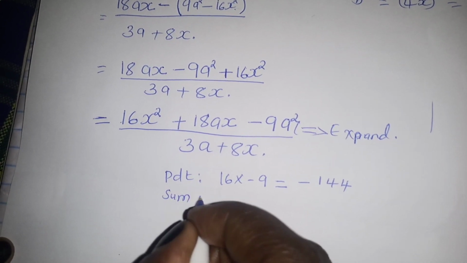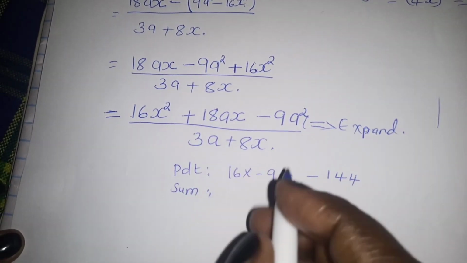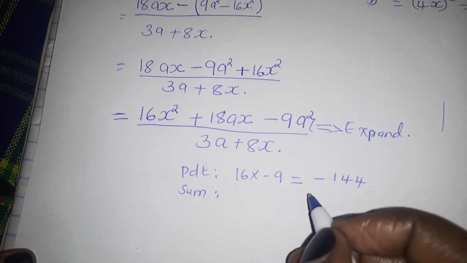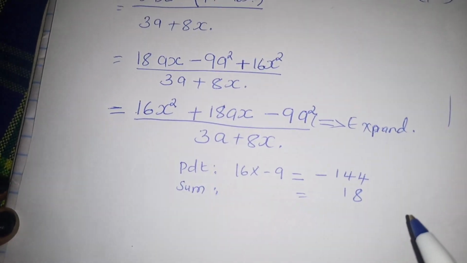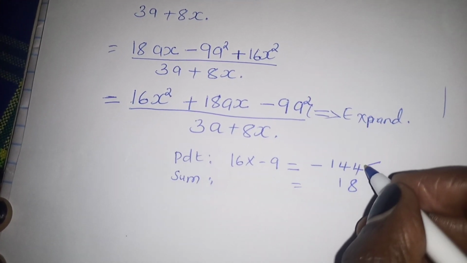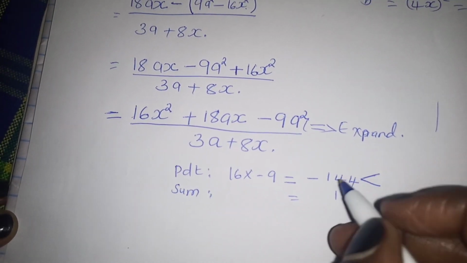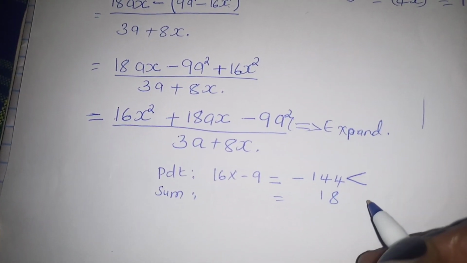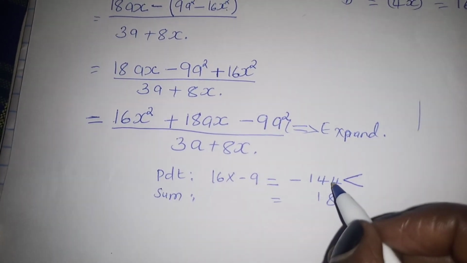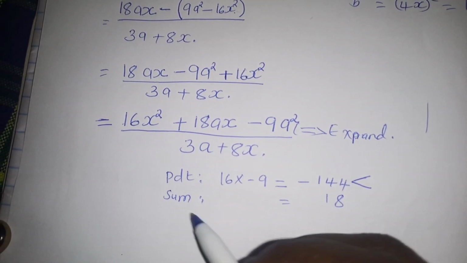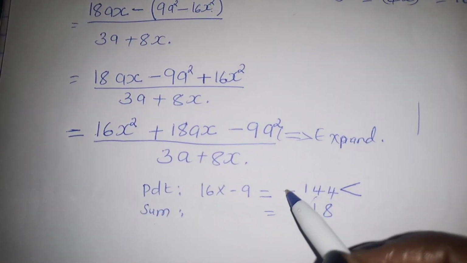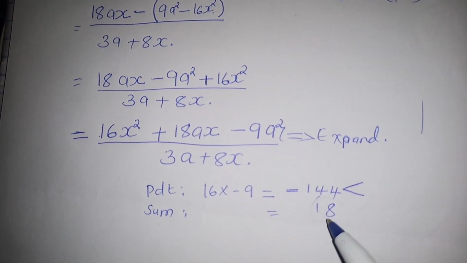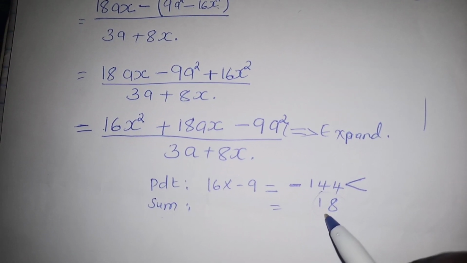And our sum is 18, which is positive. So we need to get two factors of negative 144 such that if we add the two, we should get a positive 18. So in this case, the product is negative, but the sum is positive.